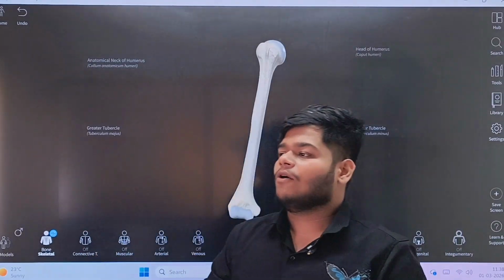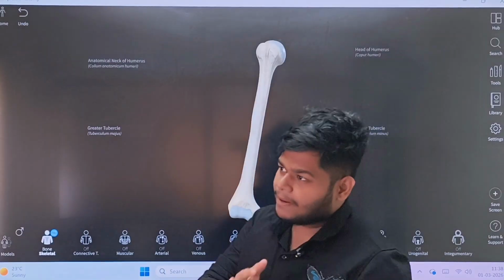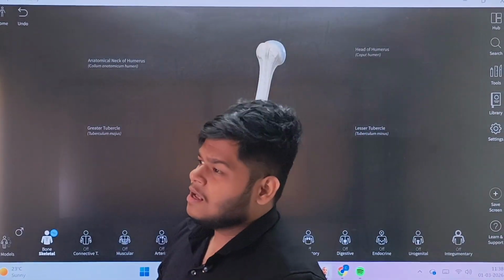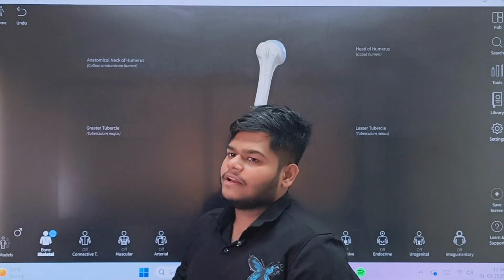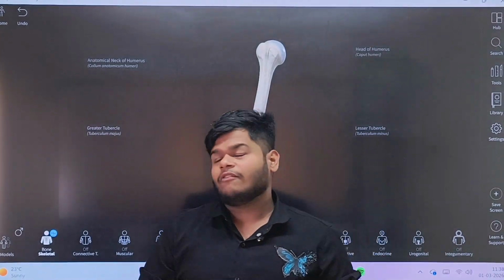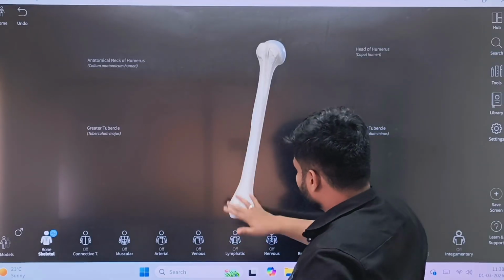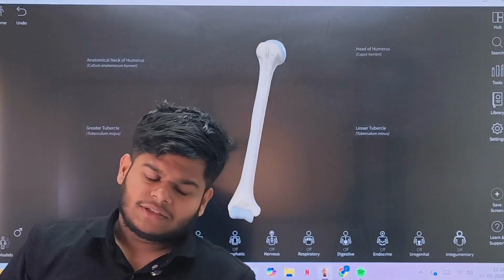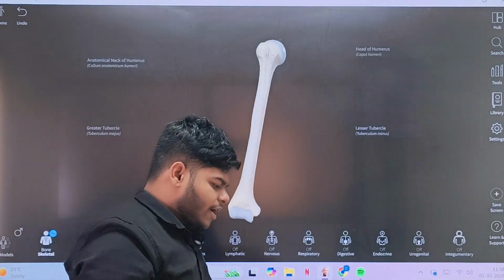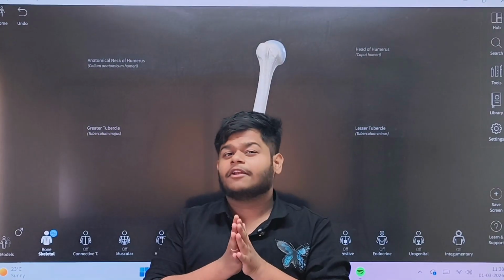Now, it is one of the bones of our upper arm. It is a type of long bone, and we have said that when there is a long bone, there is always the upper end, the shaft, and the lower end, right? Now, first, when we see any bone, we have to see its side determination methods.